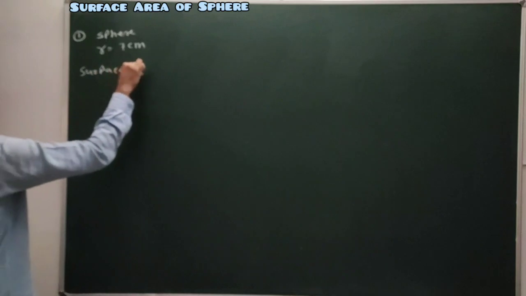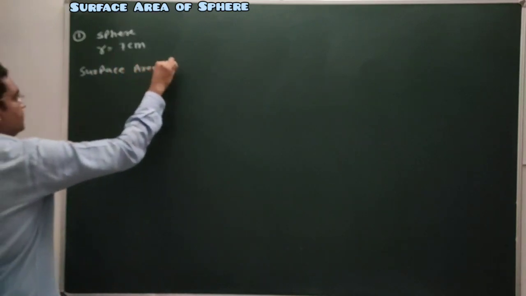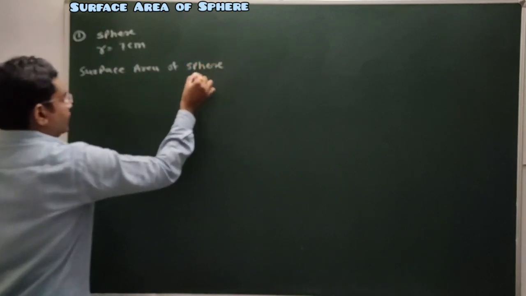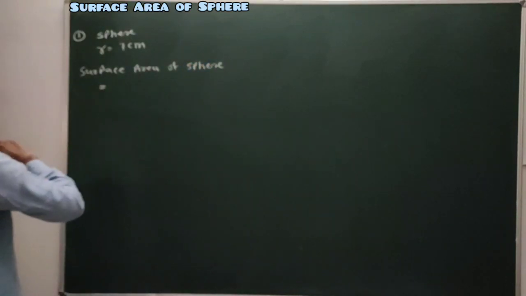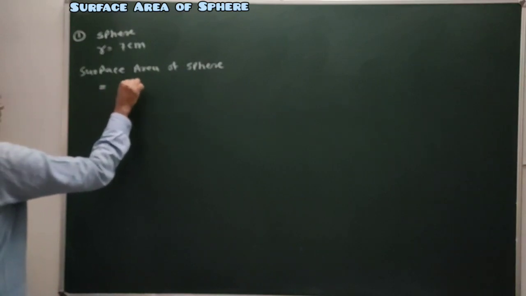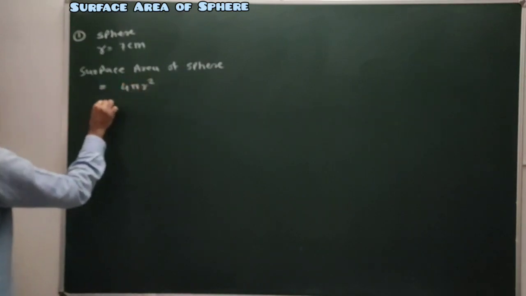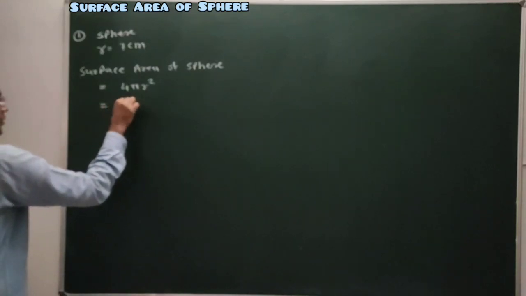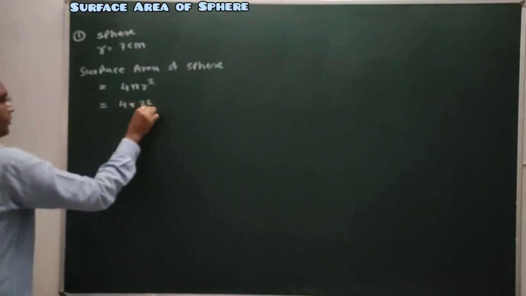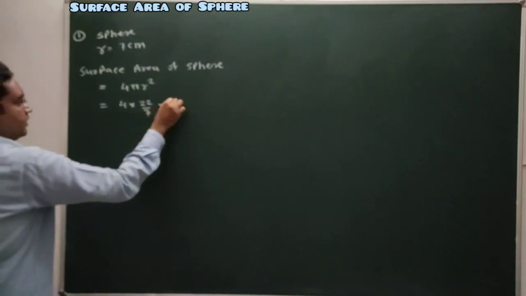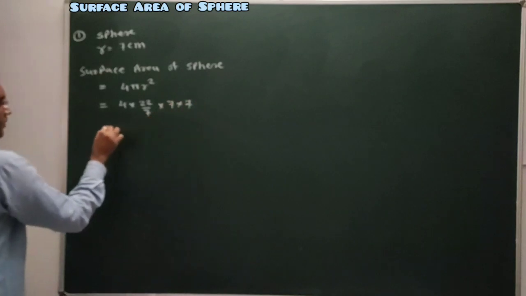Surface area of the sphere. The formula to find the surface area of sphere is 4 pi r square. So 4 into value of pi which is 22/7 into r square, radius is 7 into 7.